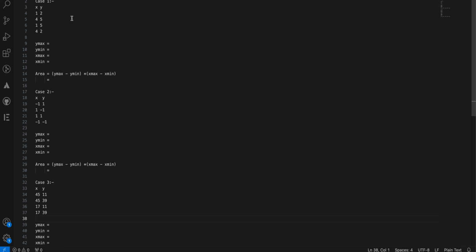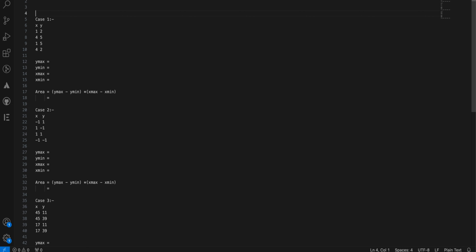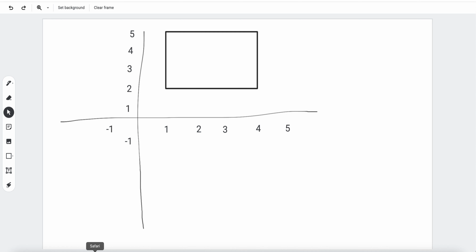So in the first case, the first corner's x coordinate is 1 and y coordinate is 2. Similarly, second corner x is 4 and y is 5, and then x is 1 and y is 5, and then x is 4 and y is 2. Right? So let us try to visualize this square on the coordinate plane.